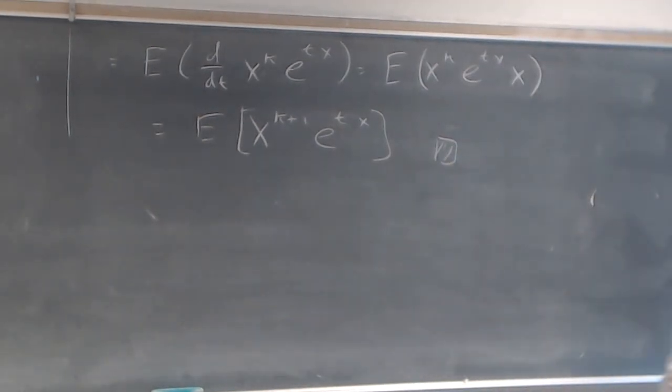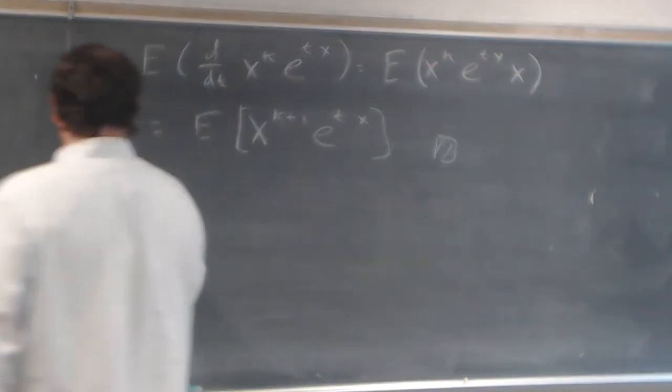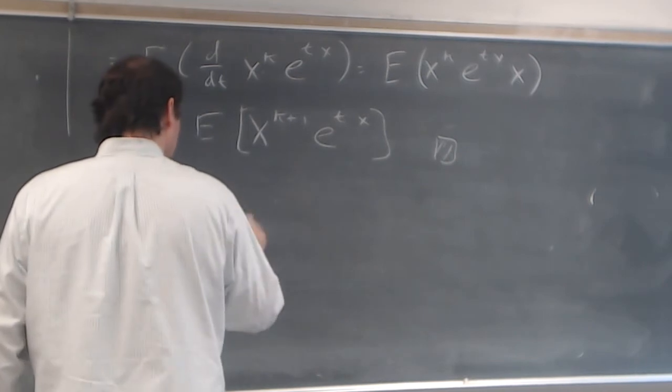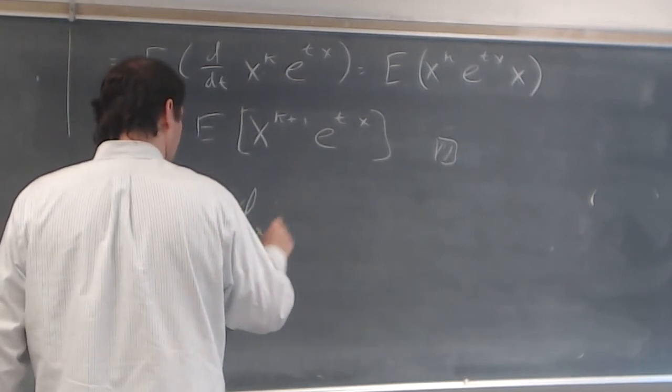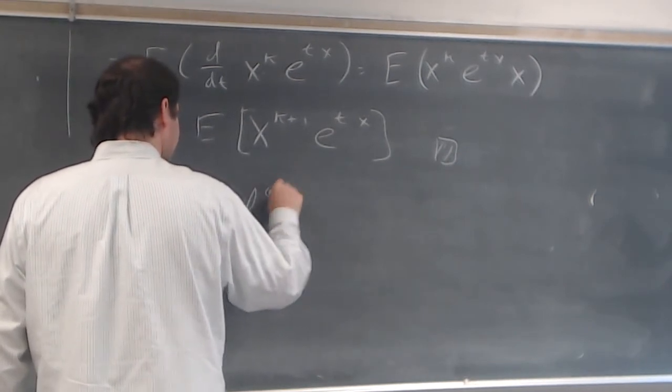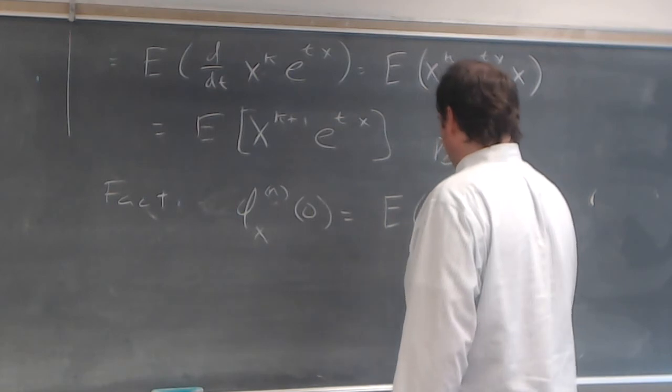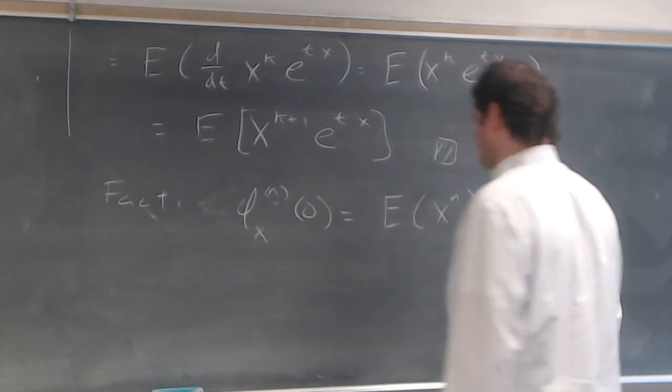Now the main fact is the following. The moment generating function of x, if you take its nth derivative and evaluate that at 0, what you get is the expected value of x to the n.